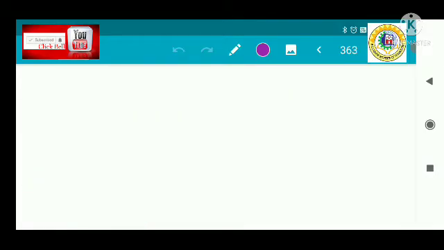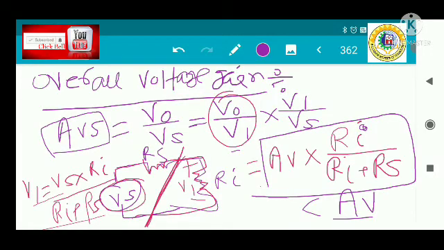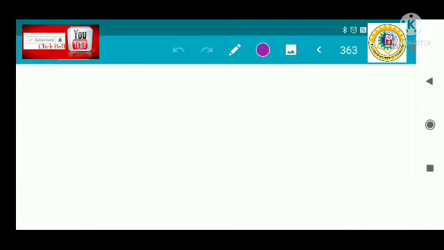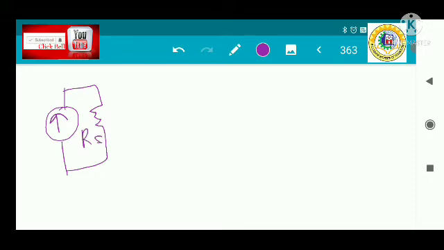In the case of the current gain, likewise, this is the voltage source, and a source transformation has to take place. So this is a current source Is with a parallel resistance Rs, and this is your overall input resistance calculated considering all the parameters. So this is the current I1.